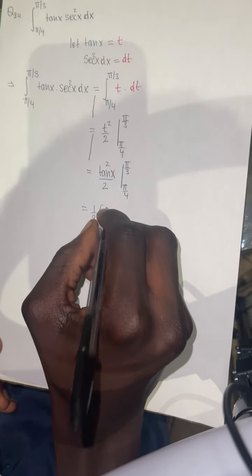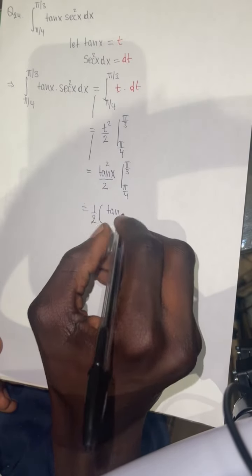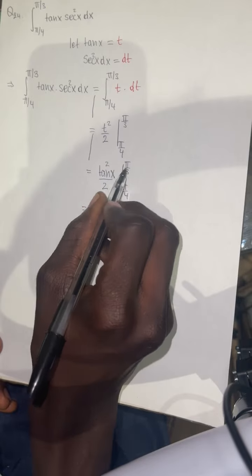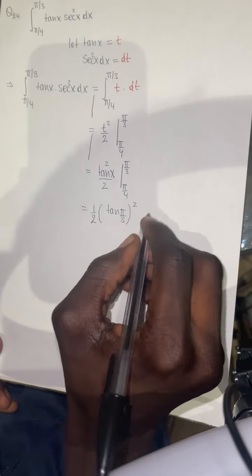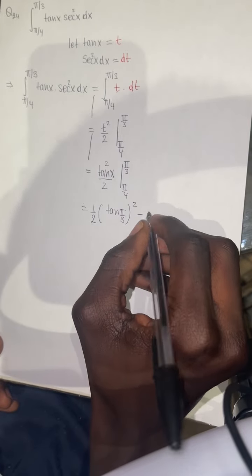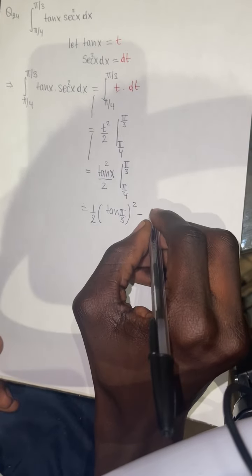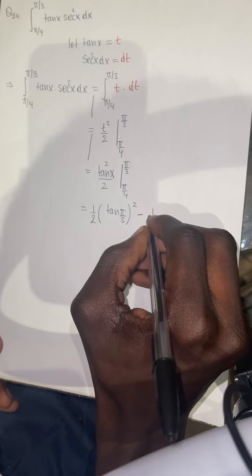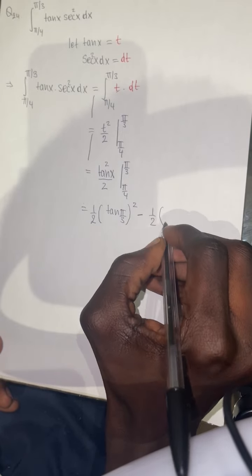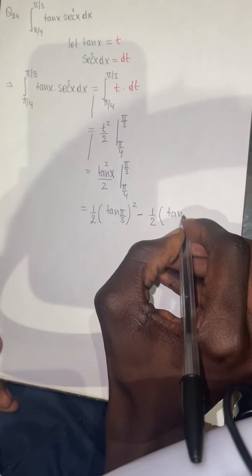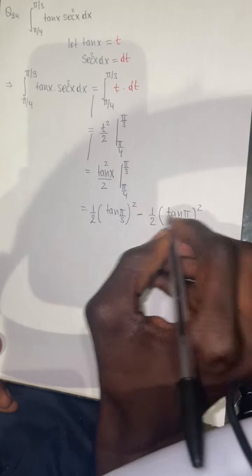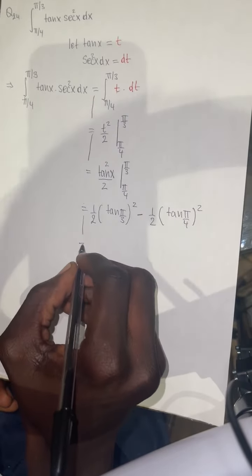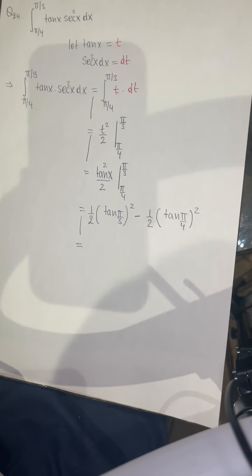And then I open, I'm going to have tan, and then open, where there is x, I'm going to put pi over 3, and then I put square, minus 1 over 2. I open again the bracket, tan, it's going to be pi over 4, and then also squared. So now let's solve this. So guys, now make sure you put your calculator in radians.